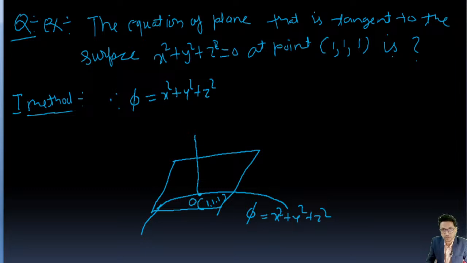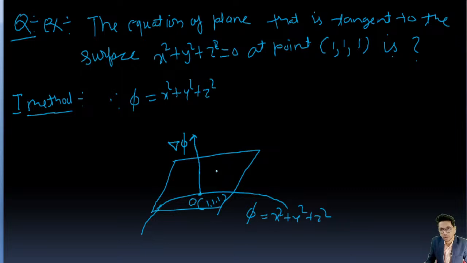This is a straight line, guys. So this is the gradient of phi. Phi is given. At this point, this gradient is the normal to the level surface, we know.